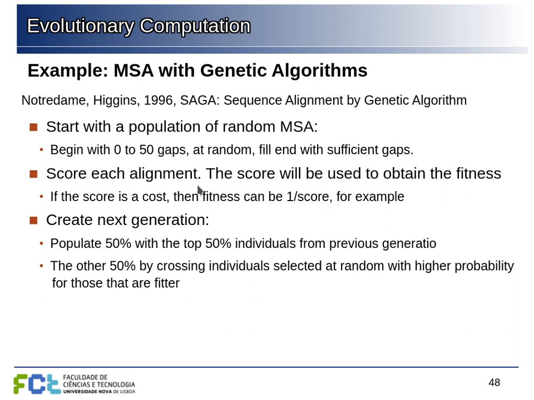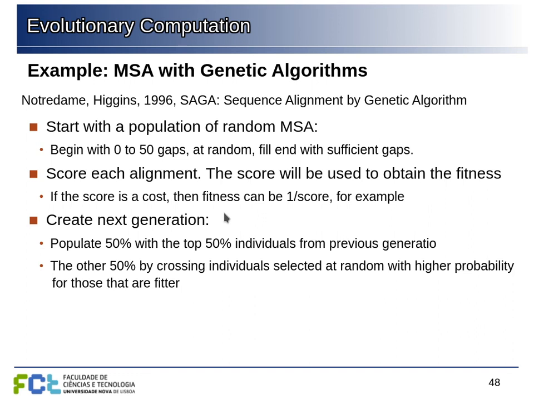There are many different schemes for scoring the alignments. We could count the identities, we could use the sum of pairs, the weighted sum of pairs. We saw some of those in previous lectures. But once we have scored the alignment, we can now assign a fitness value for each of our individuals. So basically, if the score is something that we want to maximize, we can use the score as the fitness value.